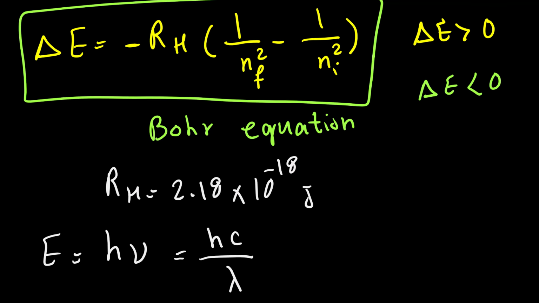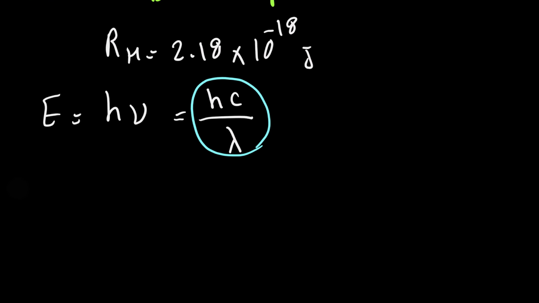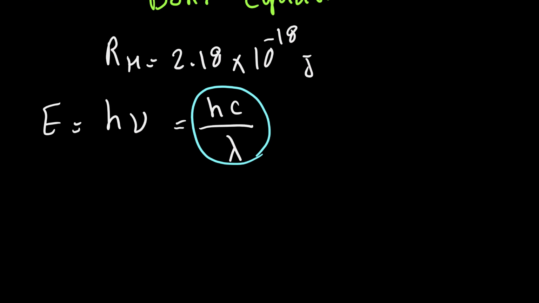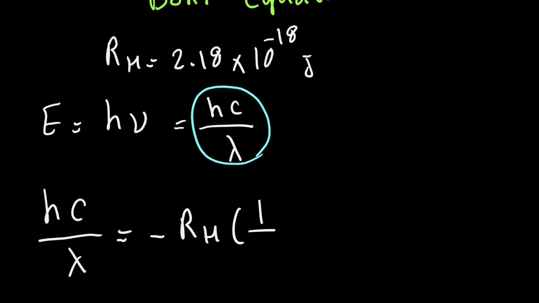There is another form of the Bohr equation called the Rydberg equation. If instead of delta E we use hc over lambda, we can rewrite the equation in this form: hc over lambda is equal to negative Rydberg constant times 1 over nf squared minus 1 over ni squared.